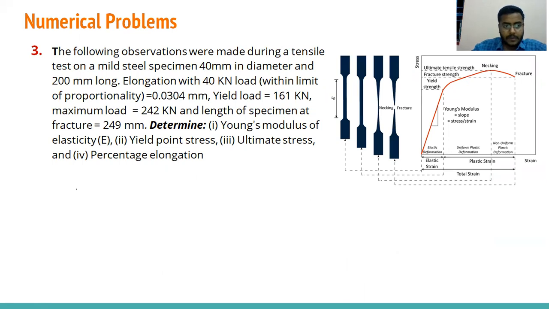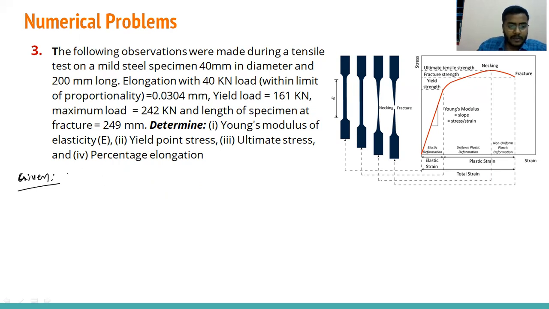Okay, so question number 3. The following observations were made during the tensile test on a mild steel specimen 40 mm. See, first note down what data is given in the question. So first see what is given. The following observations were made during a tensile test on a mild steel specimen with 40 mm diameter.